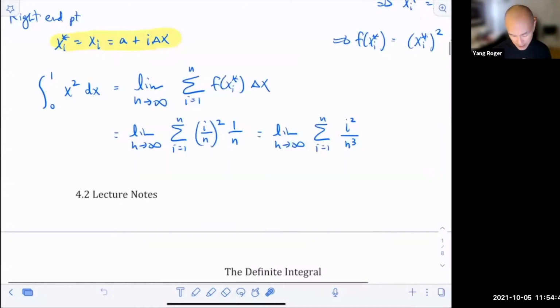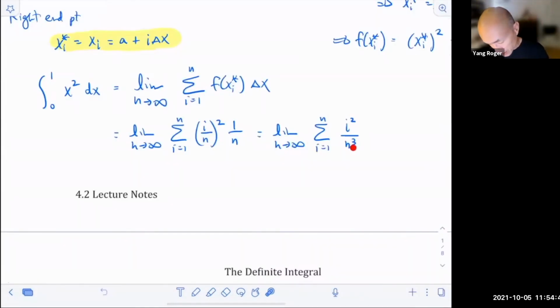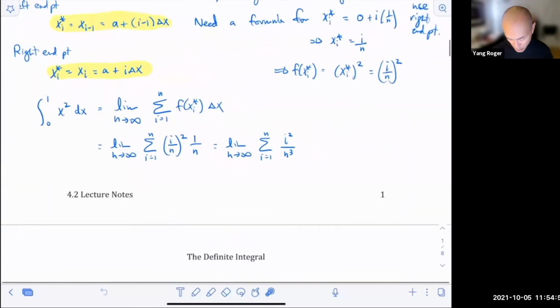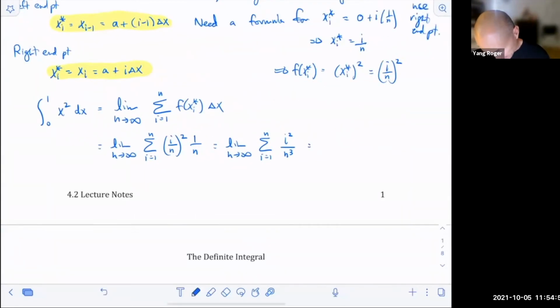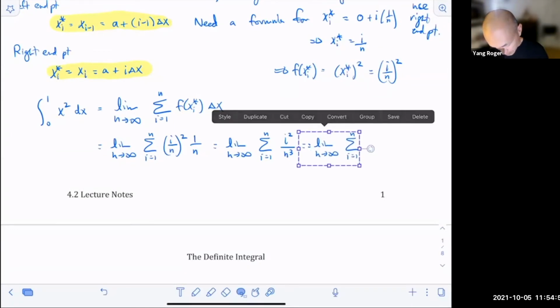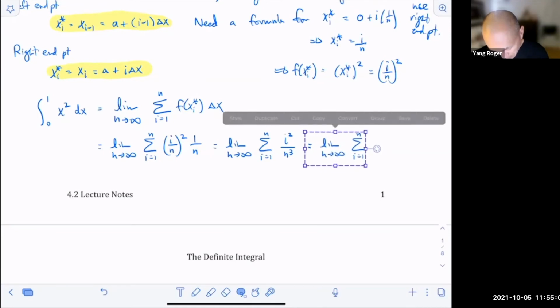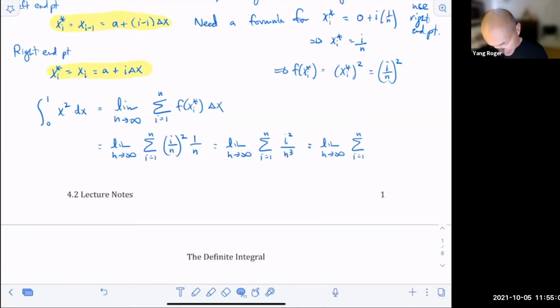So if we go back to this example, n cubed is treated as a constant because the variable is I for this sum. So I can really write this as follows.